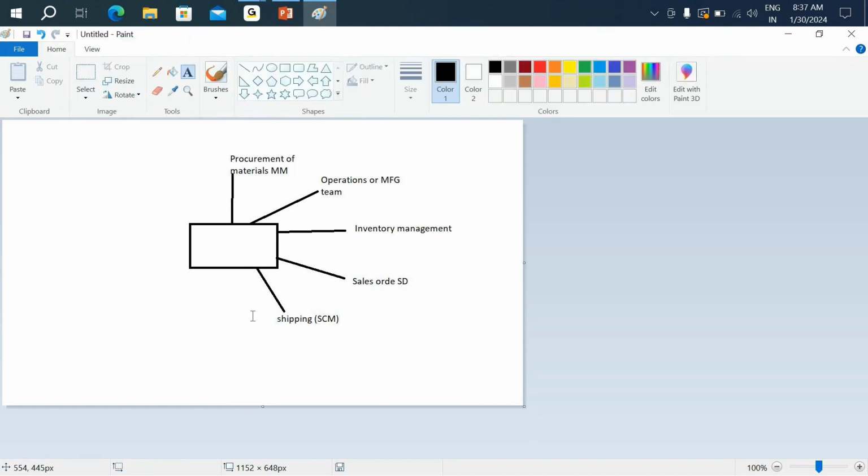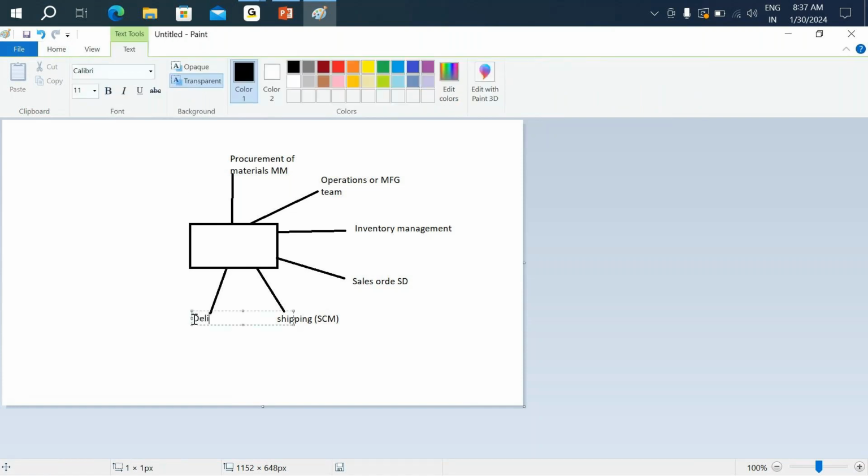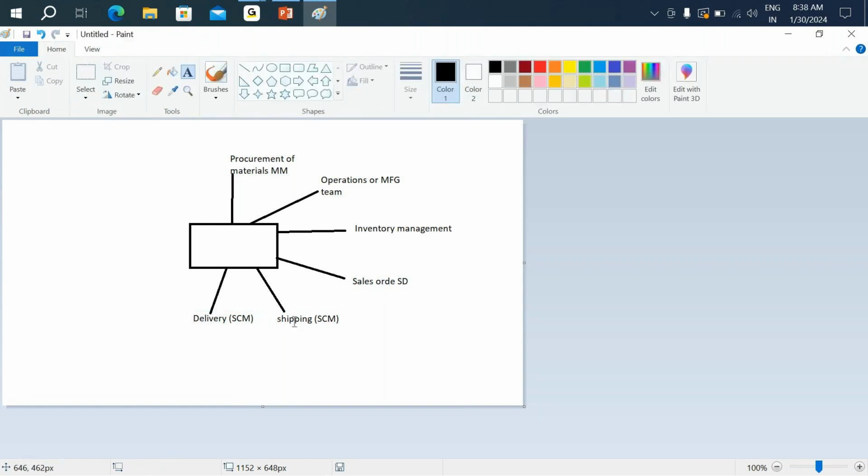So once it is shipped, then comes your delivery. This is again taken care of by your SCM people only, because delivery and shipping both are sort of the same.